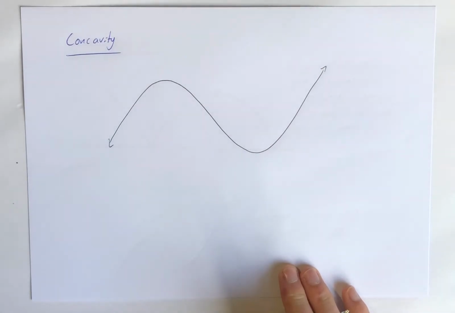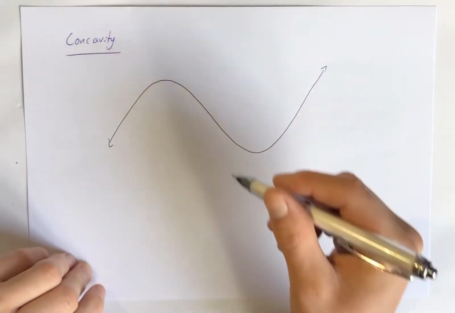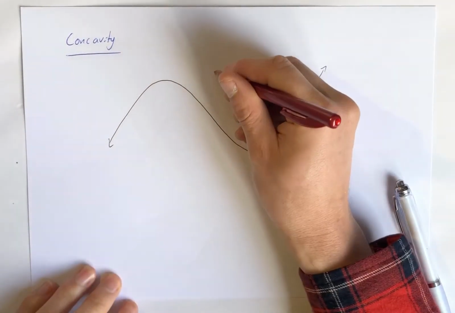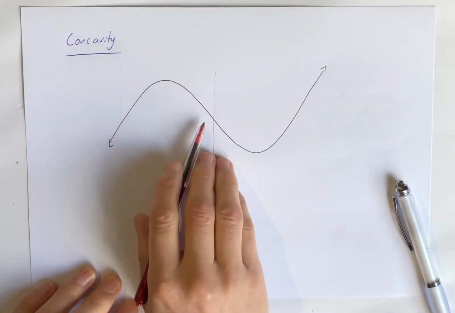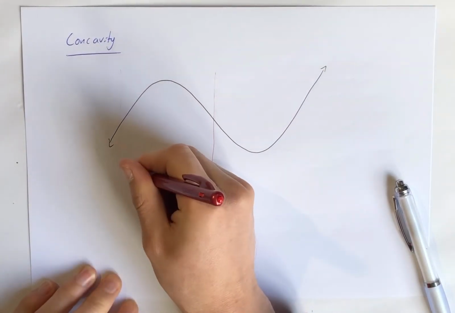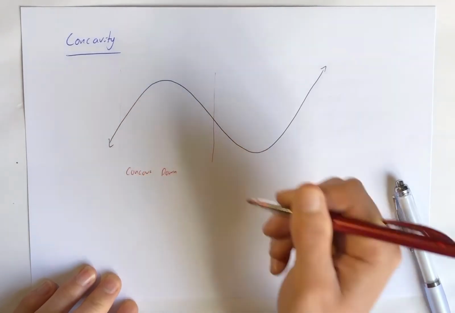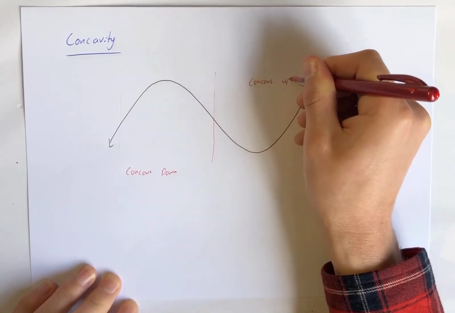The second last point of today's lesson is concavity. So basically, we can look at this interval. If we go through here, this is concave down, and this is concave up.